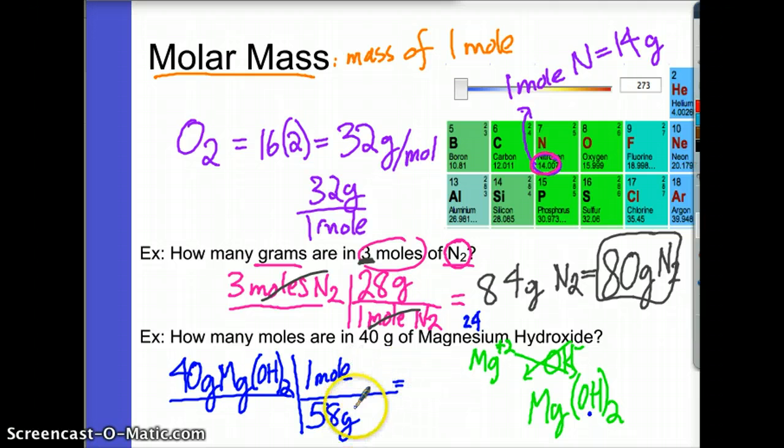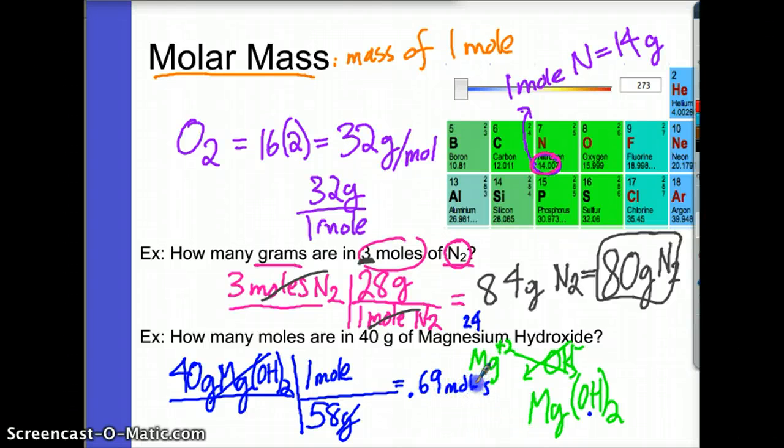So if I did the math here, I'm going to be left with 40 divided by 58, which, if you check yourself on a calculator, is going to give you 0.69 moles.